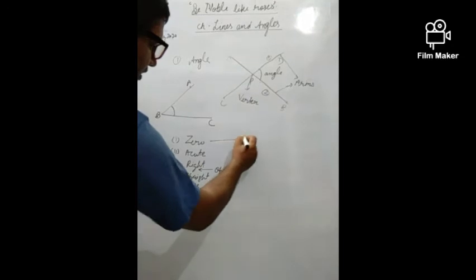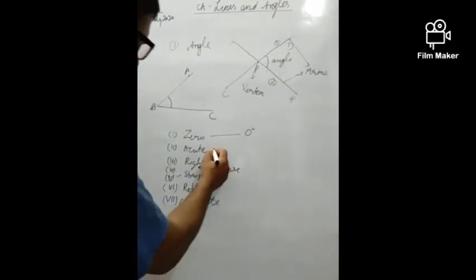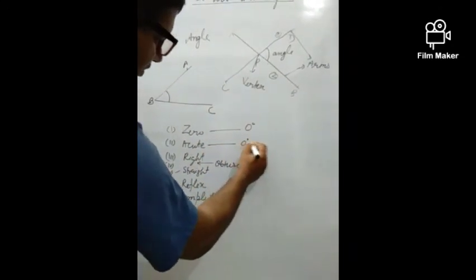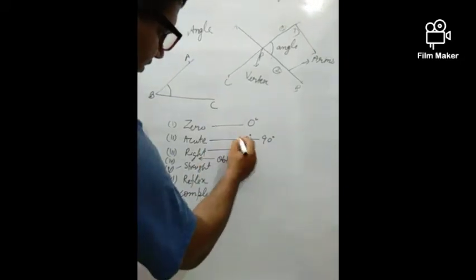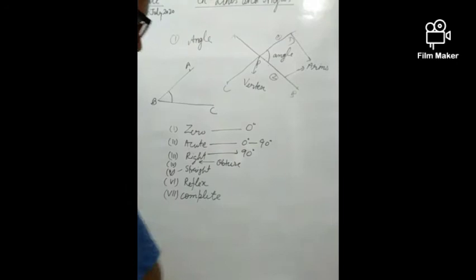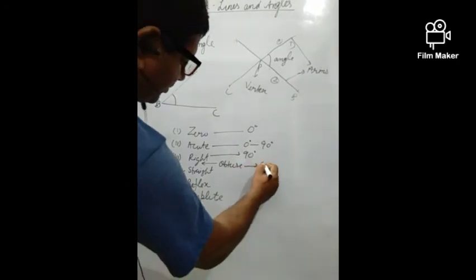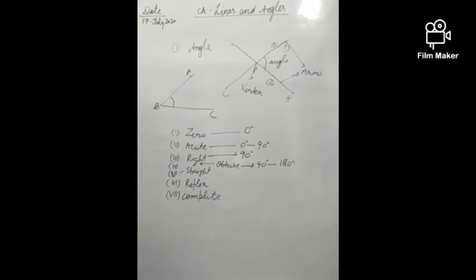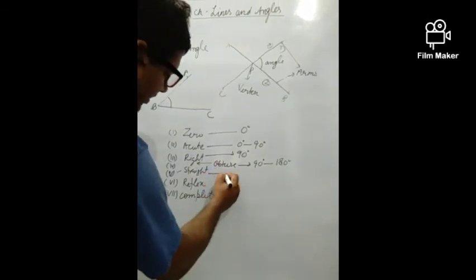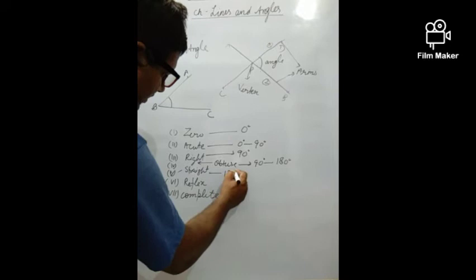Zero angle is exactly 0 degree, acute is between 0 and 90, the right angle is exactly 90 degree. Obtuse will be between 90 and 180 degree. Straight angle is 180.